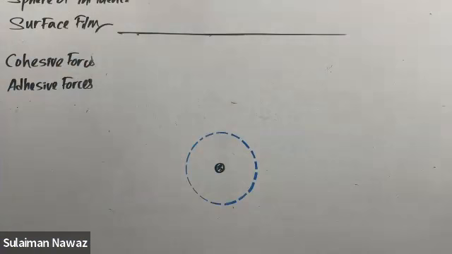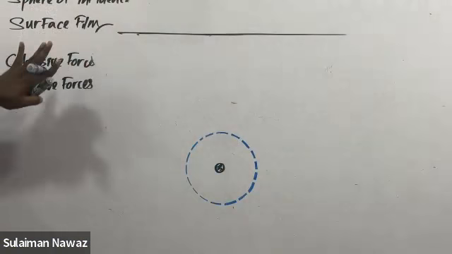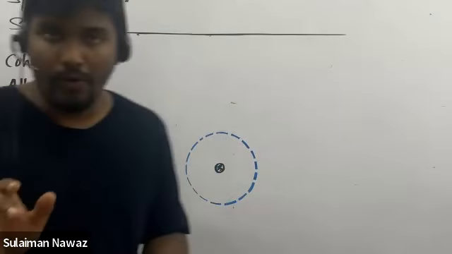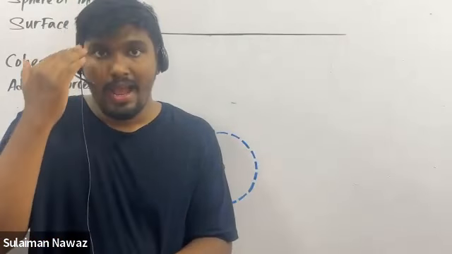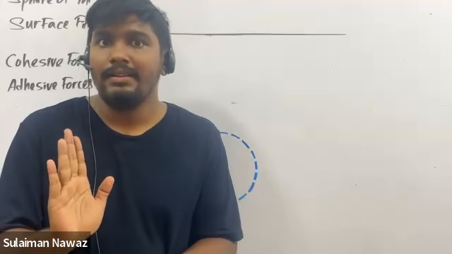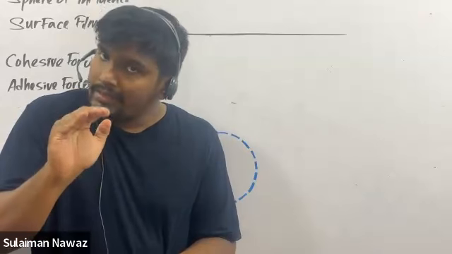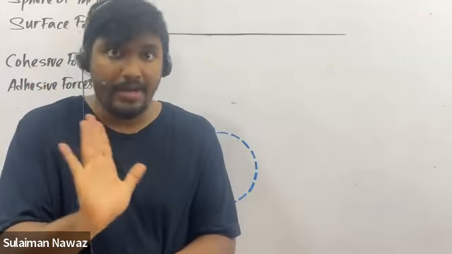Now I told you there are a few keywords you should understand. First is molecular range, then sphere of influence, then surface film. You know what cohesive and adhesive forces are. When you consider a liquid particle, all other liquid particles will create forces on that particle.